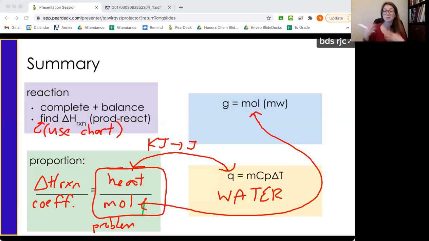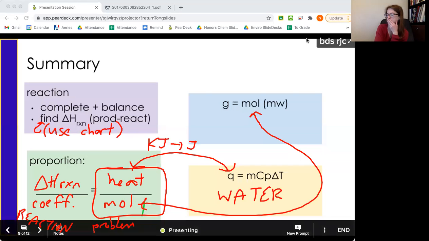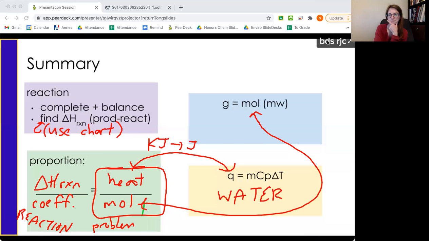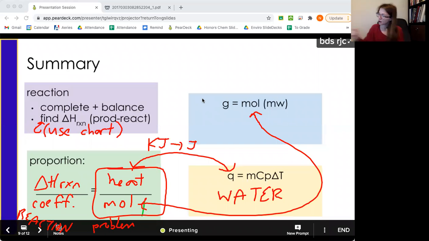You have to do the problem solving of figuring out, what do I have enough information to do? What makes sense? Knowing that this green box is always about the reaction and the yellow box is always about the water. Questions on that? Okay.